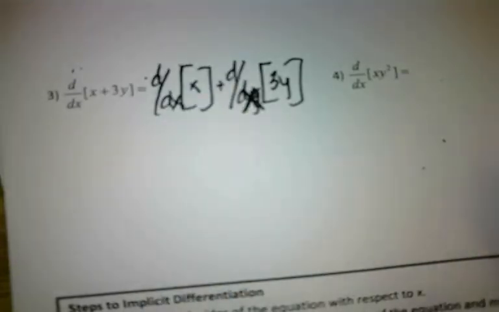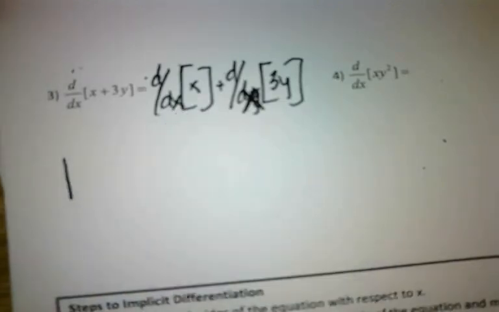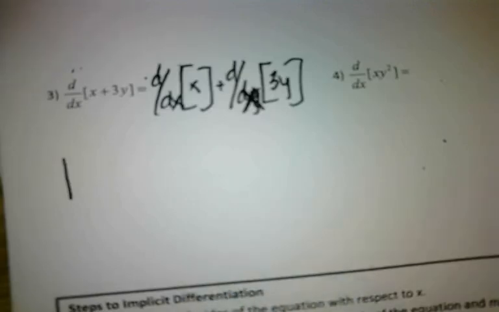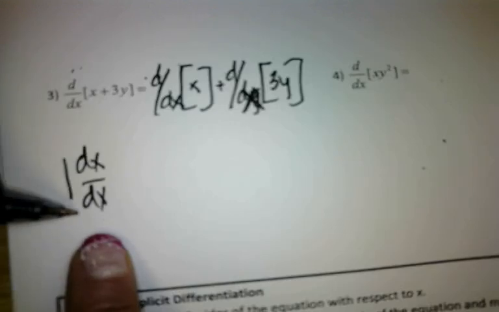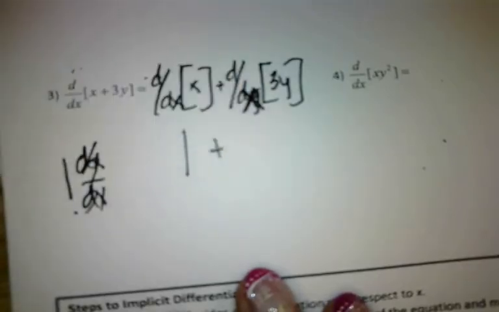So the derivative of x in terms of x is just 1. If you think of it as dx over dx, that cancels, that's just 1.